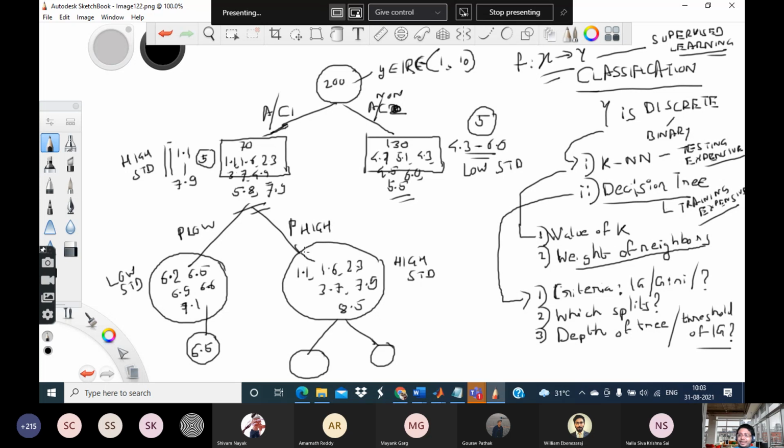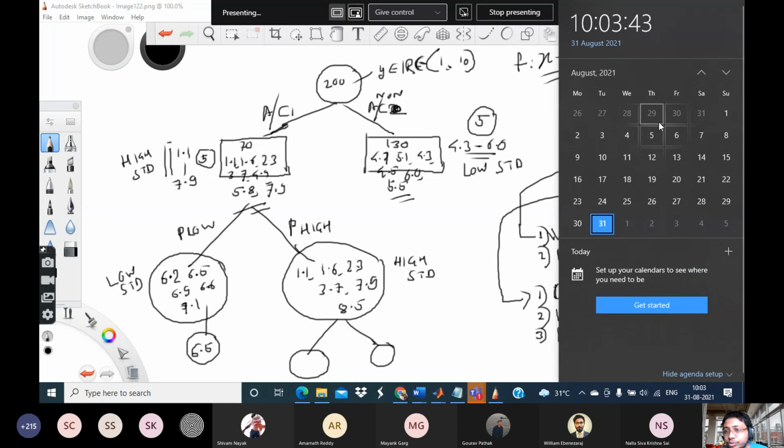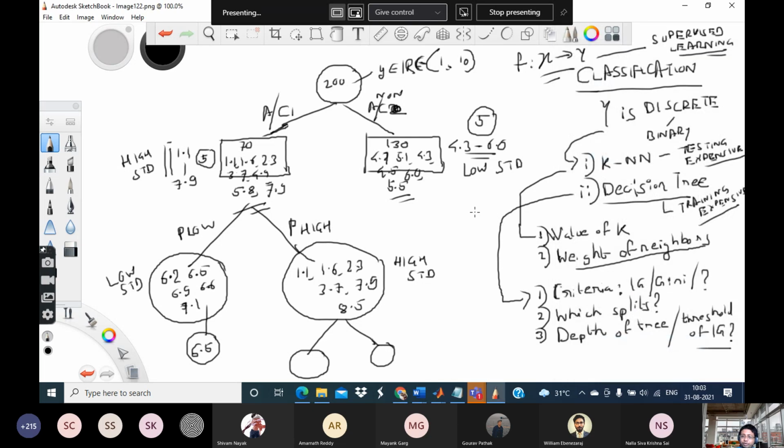And our first test, which according to the institute rules has to be done during 6 to 9 September, we will have next Wednesday, which is going to be 8th of September. So today is 31st August. Next Wednesday, which is 8th of September, we will have our first class test, after the lab session. We will not utilize the full 3 hours of the lab session.